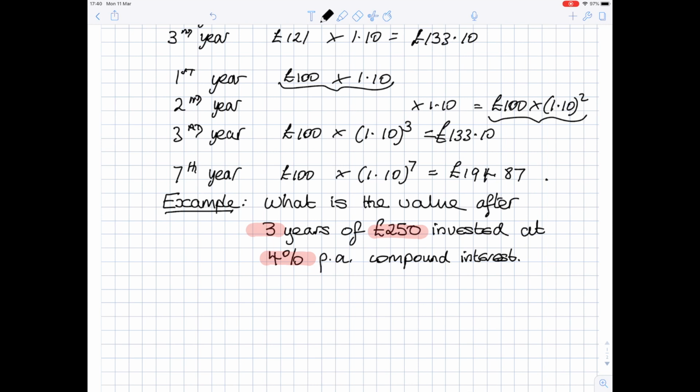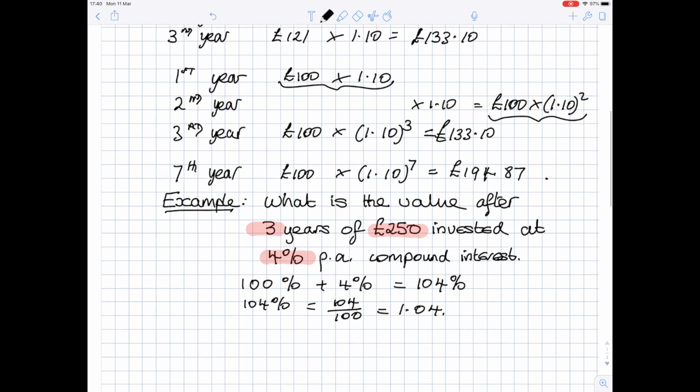If your interest rate is 4%, then the multiplying factor is the original 100% plus the 4%, which is 104%. 104% is 104 divided by 100, which is 1.04. So that is our multiplying factor.